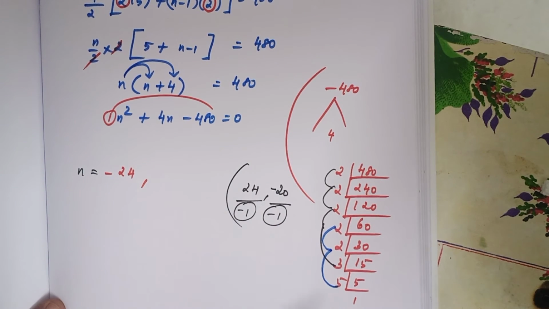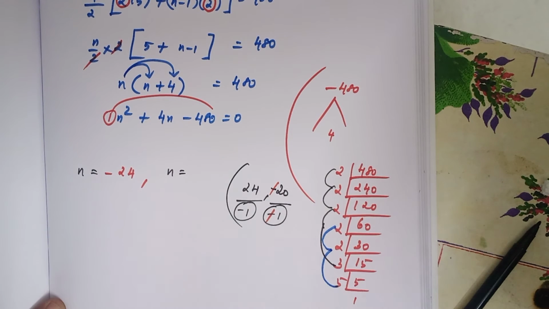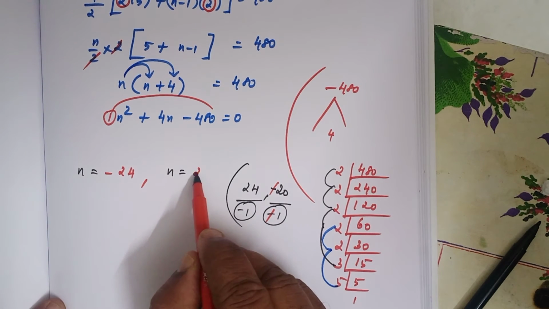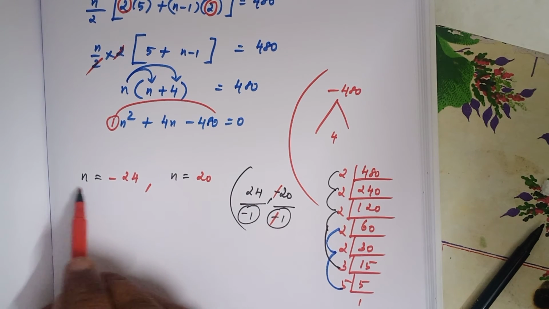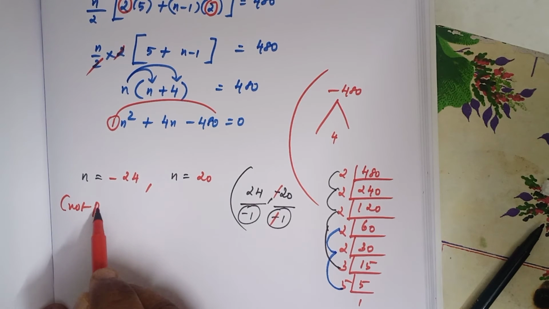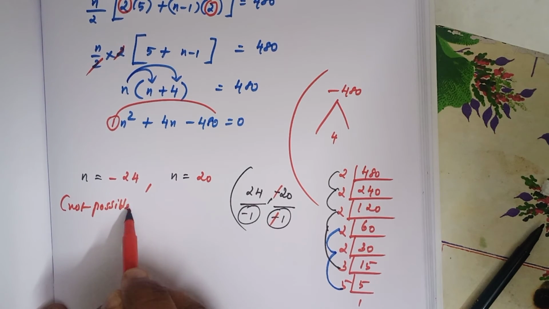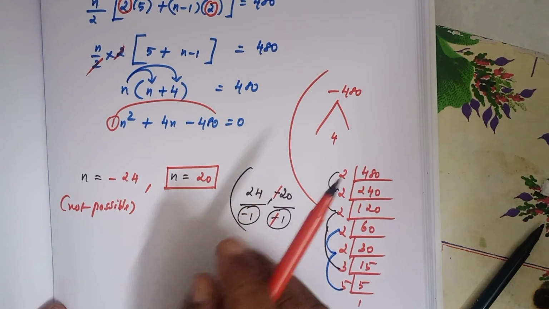Next, n equals, here minus minus get cancelled, 20 by 1, that is equal to 20. What do you mean by n? n means the number of terms. The number of terms cannot be negative, so this is not possible. Therefore n equals 20.